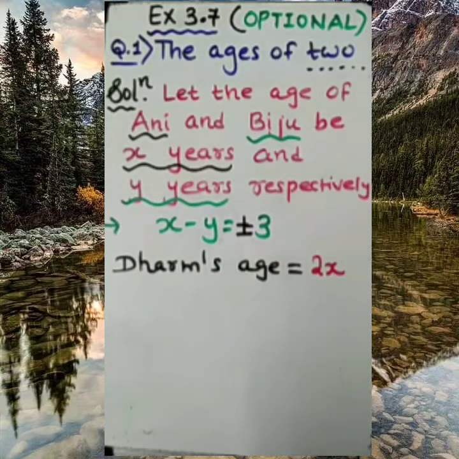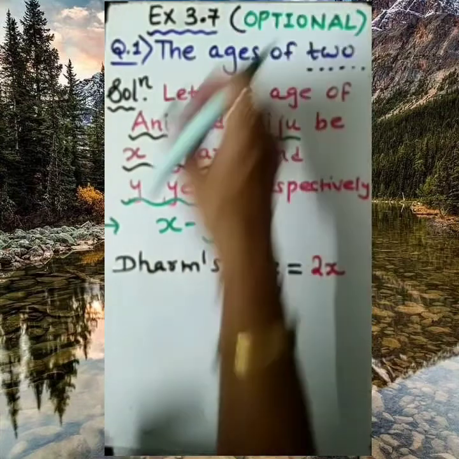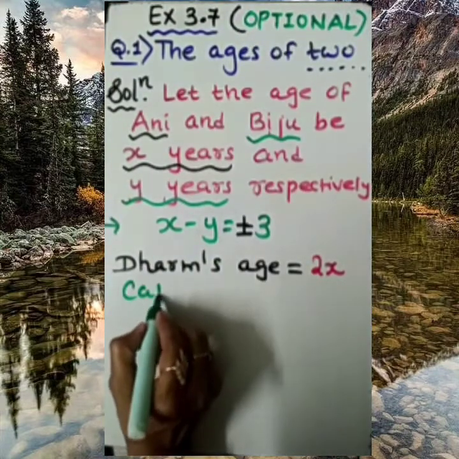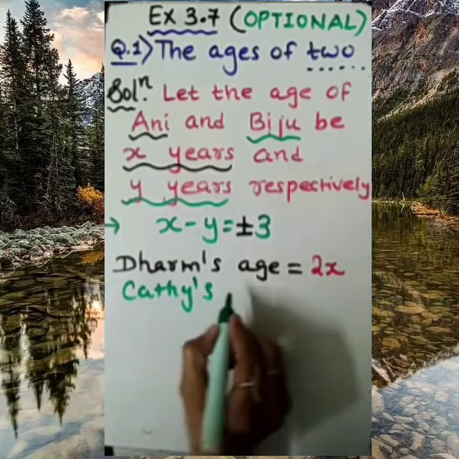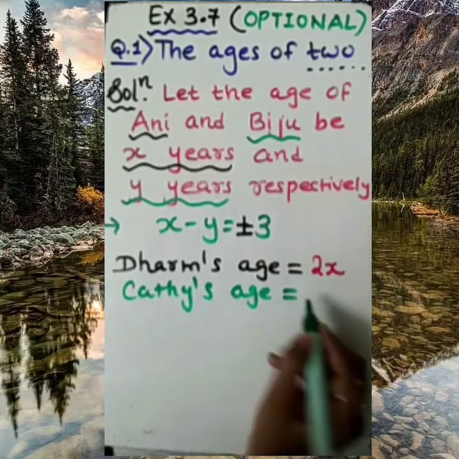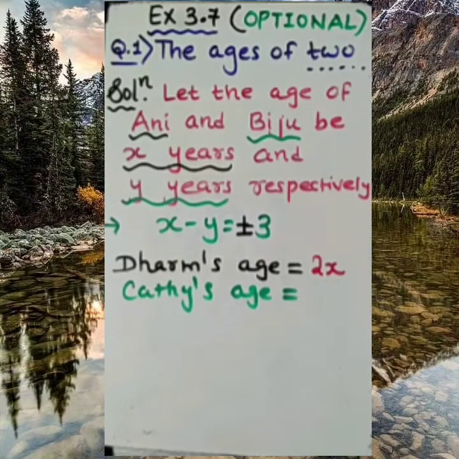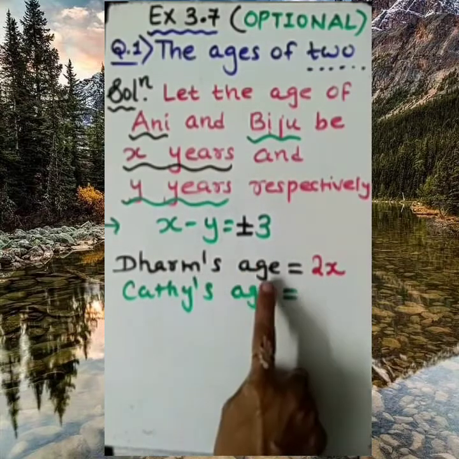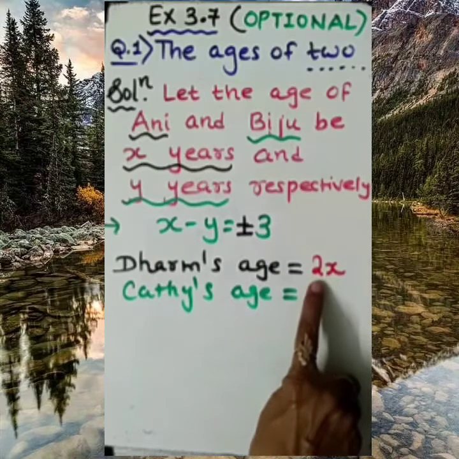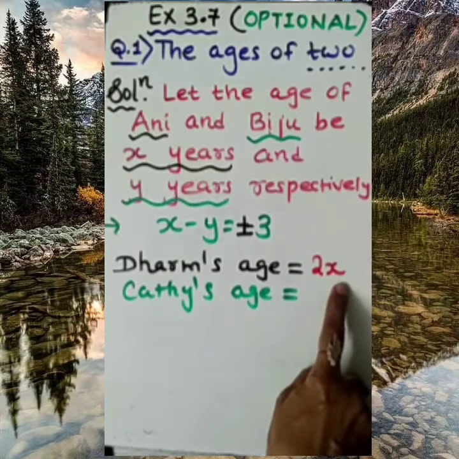And Kathy's age, what are we given here? Kathy's age, I am writing here. We are given Dharam is twice as old as Ani. That's why I have written Dharam's age double Ani's age, so it is 2x.